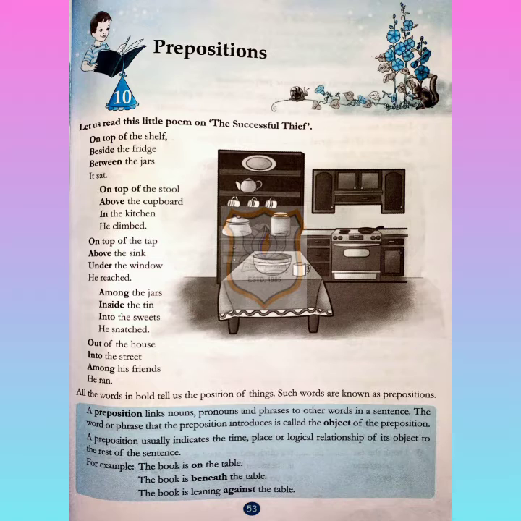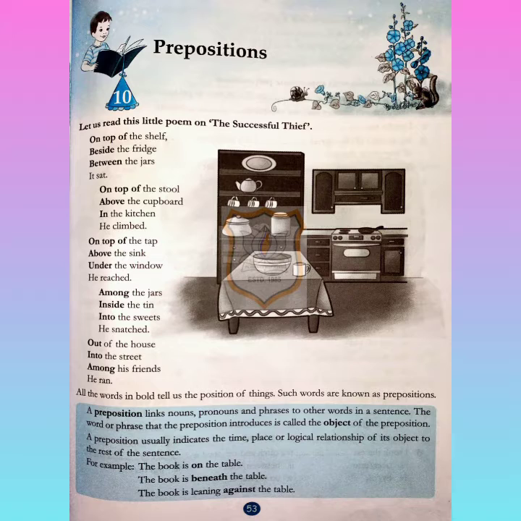The words shown in bold letters that tell us about the position of things are known as prepositions. A preposition links nouns, pronouns and phrases to other words in a sentence. Always a preposition links with three things, that is nouns, pronouns and phrases or other words in the sentence.